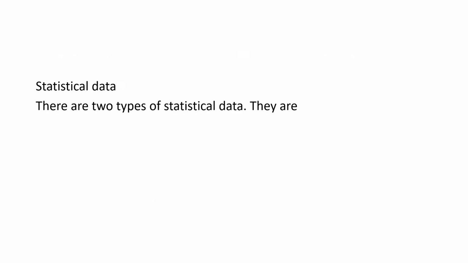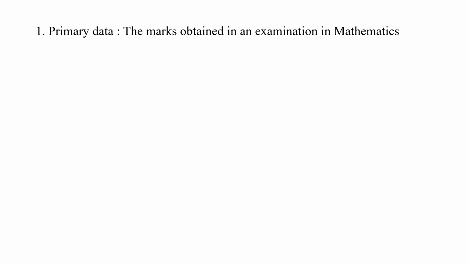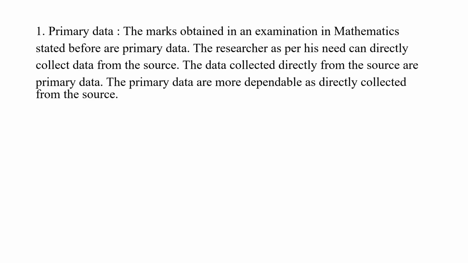Statistical data. There are two types of statistical data. They are primary or direct data and secondary or indirect data. Now, what is primary data? The marks obtained in an examination in mathematics stated before are primary data.